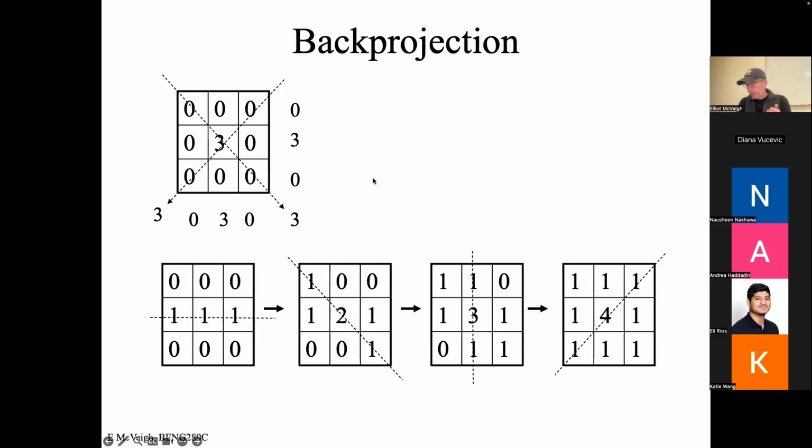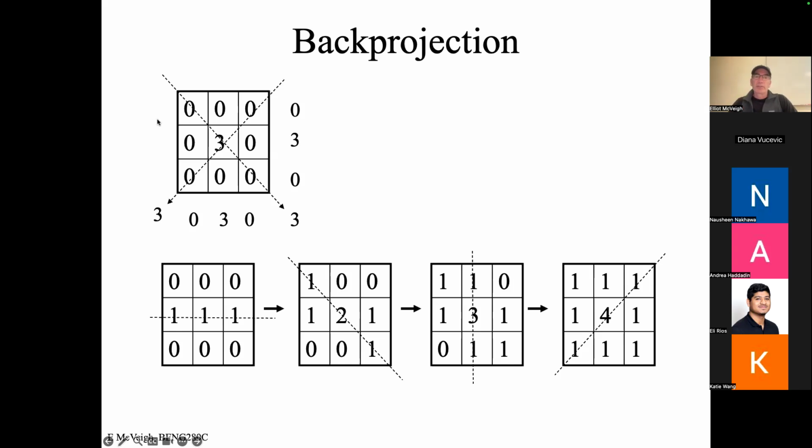So we can try another method for reconstructing from our projections. This is called naive back projection or simple back projection. If we have an image, now we've graduated to a 3 by 3 image. It has a value of 3 in the middle and 0 in the background.